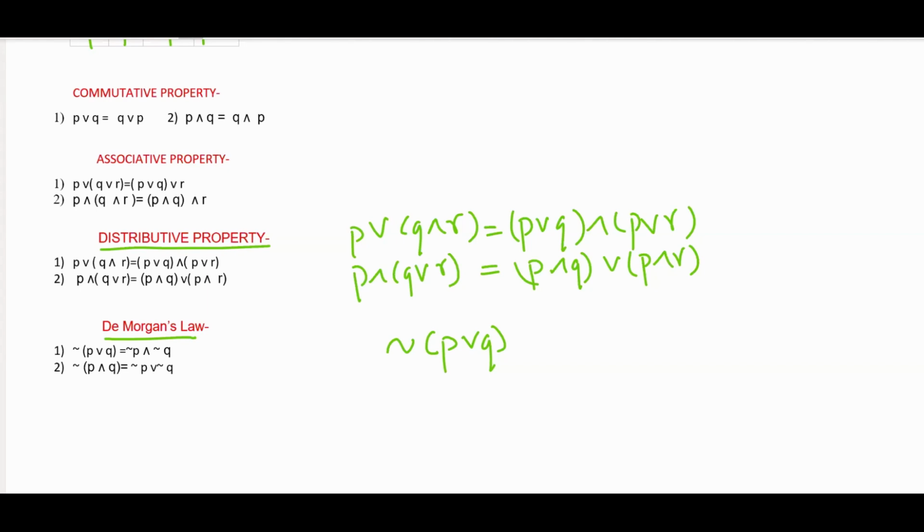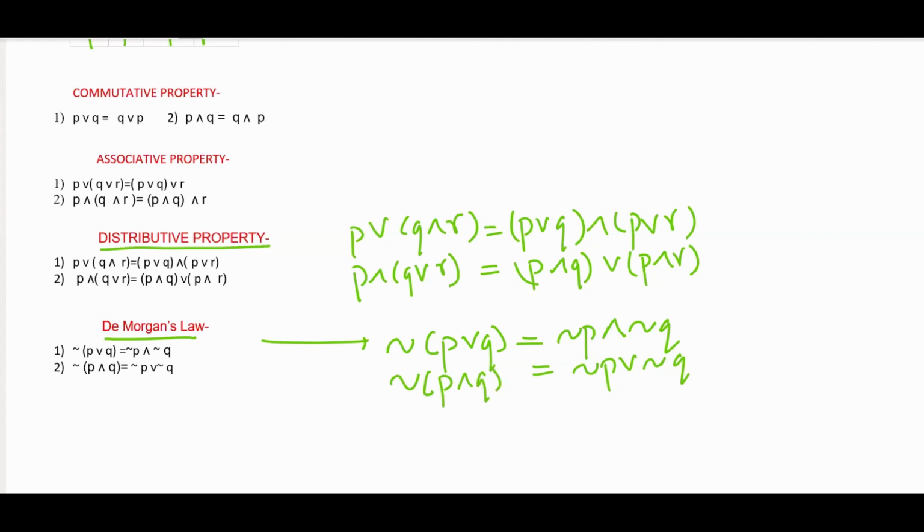So when we open the bracket using De Morgan's, we write negation P, interchange this union by intersection, and then negation Q. This is called De Morgan's law. You can also use this while converting RHS to LHS. That means just take the sign of negation common and within the bracket you write P intersection Q. So this is called De Morgan's law.